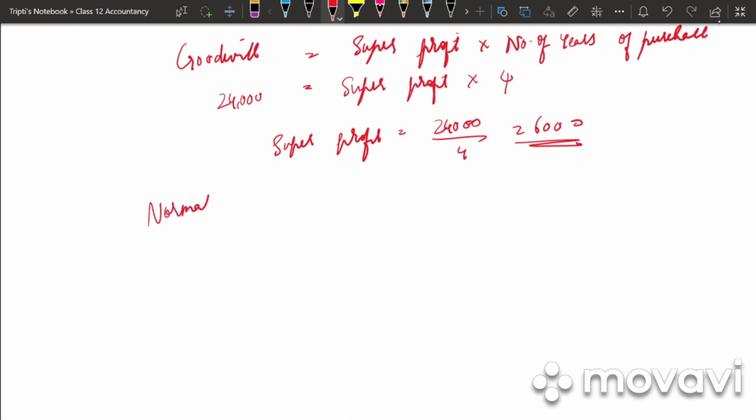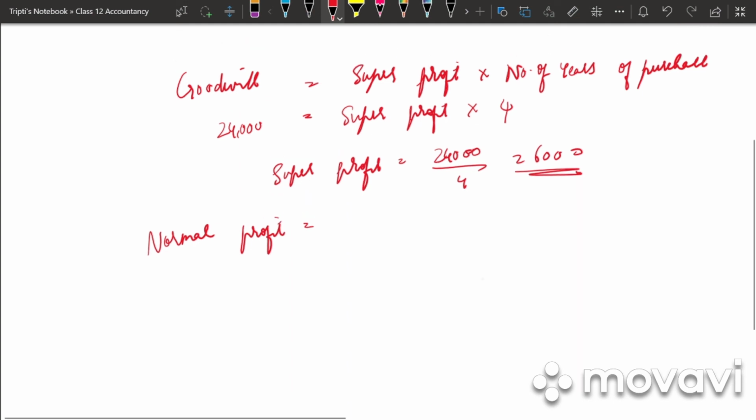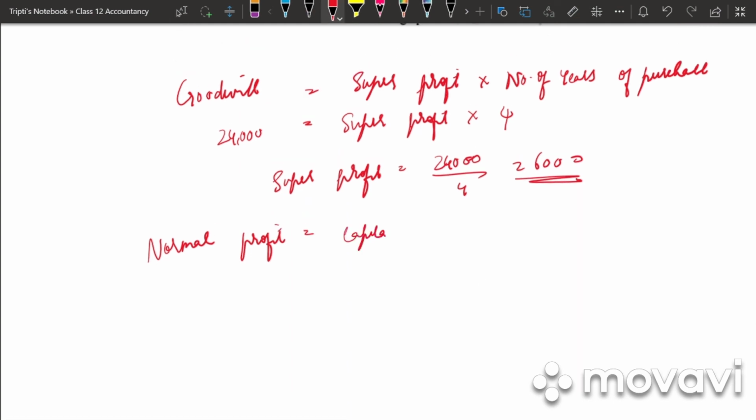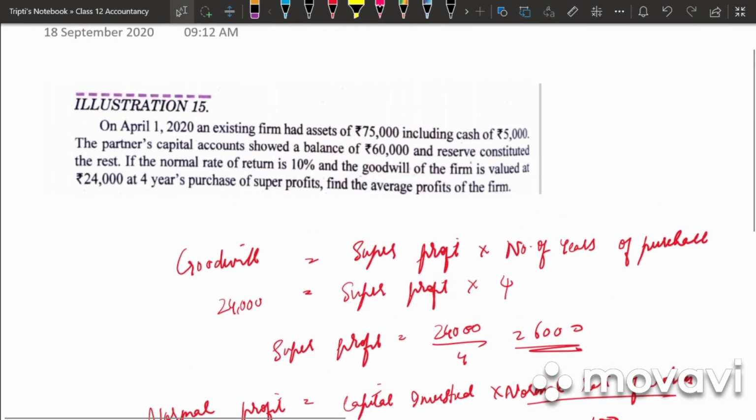Next we need to find out our normal profit. How can we find out the normal profit? It is capital invested into normal rate of return divided by 100. So do we know our capital invested directly?